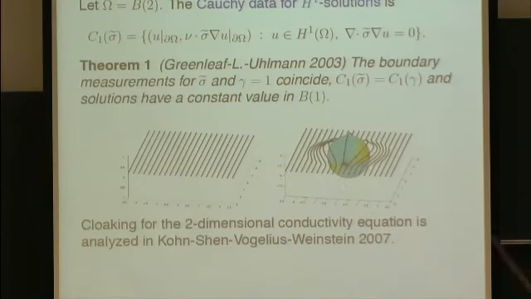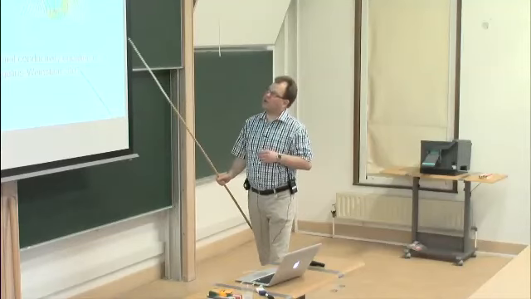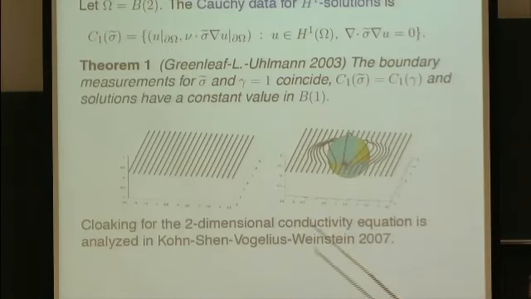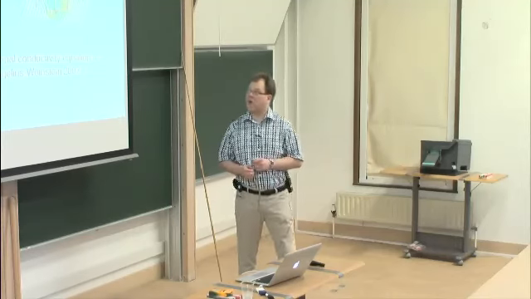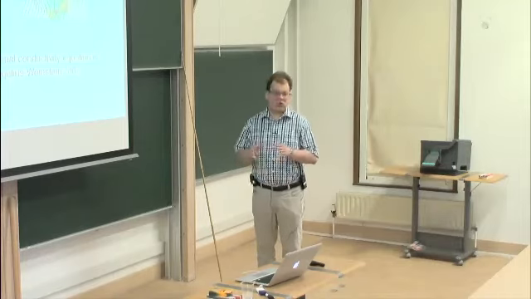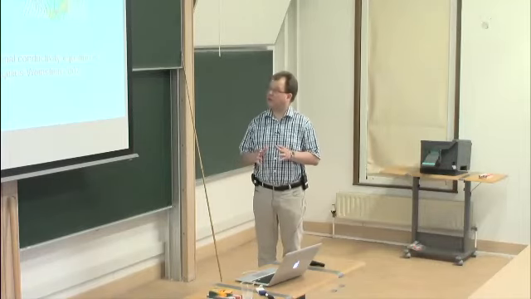The rigorous result we proved was that if one looks at solutions in the Sobolev H1 sense, then the Cauchy data pairs, or all voltage-current pairs measured at the boundary, coincide. This is the case when we take any object and cover it with this special singular conductivity sigma tilde, or alternatively we take just a homogeneous body with constant conductivity.